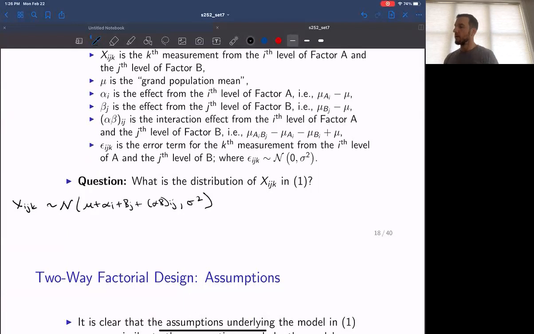This basically means that we now have a number of means equal to the total treatment combinations.